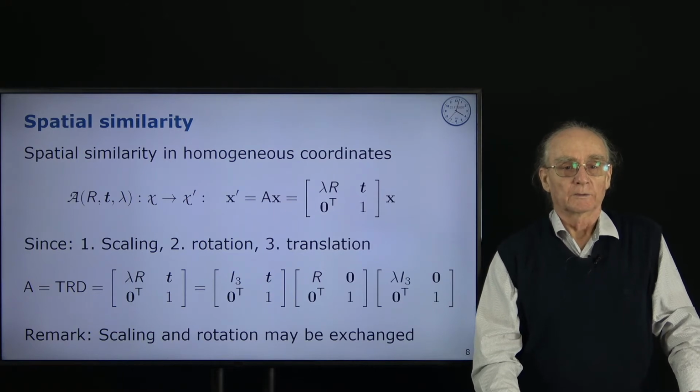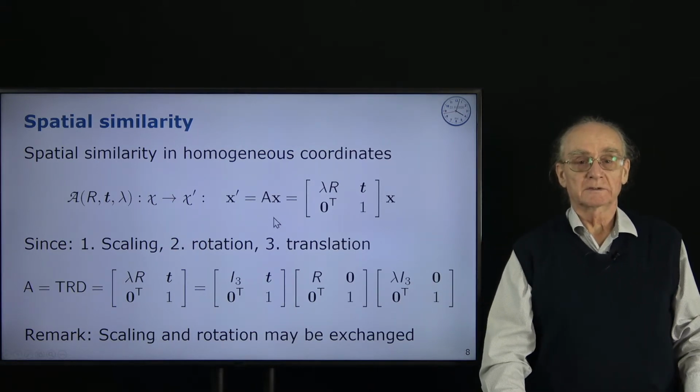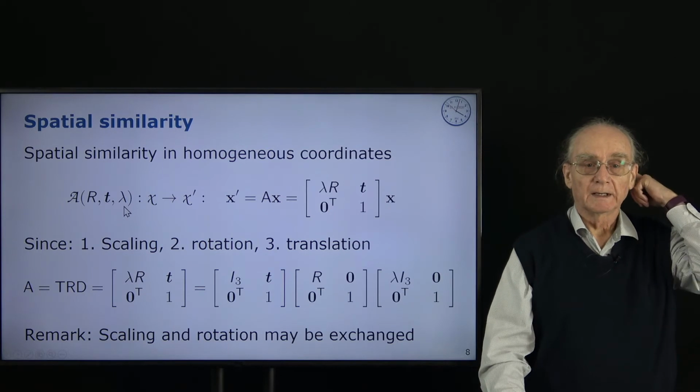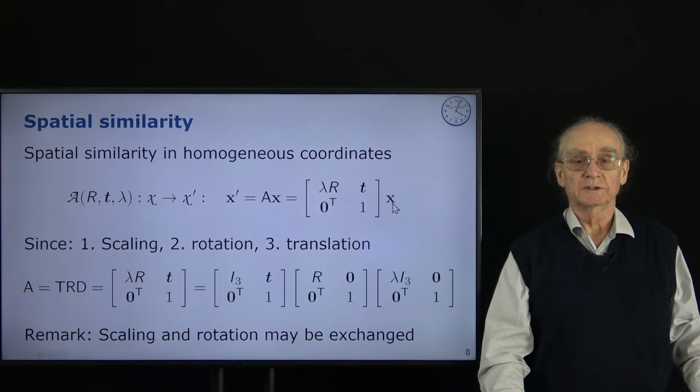Okay, now if we describe a similarity, we write this in this form. So we have a similarity depending on rotation, translation, and scale. And we have here the mapping from x to x prime. And this is given by this relation. And you see that we have this now as a linear transformation of the homogeneous vector x to the homogeneous vector x prime.